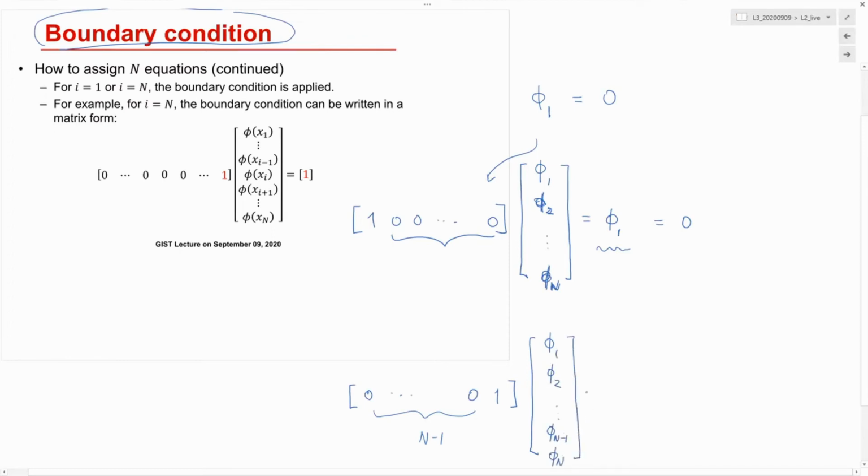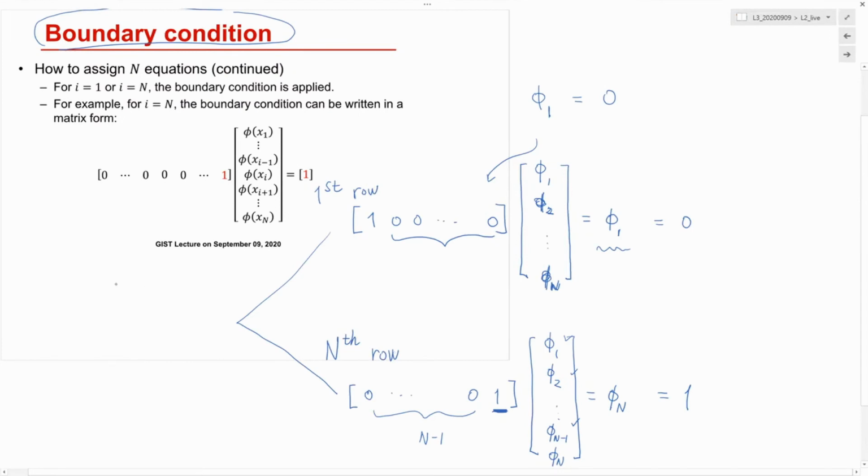When we evaluate this multiplication, the first n minus 1 components don't matter, and only the final one gives you phi n. Then that is given by 1. So from the boundary conditions, we can easily find two more conditions, and they can be placed in the first row and nth row of our system.